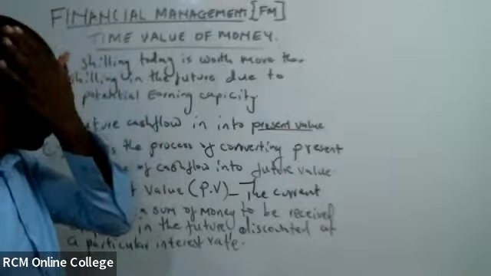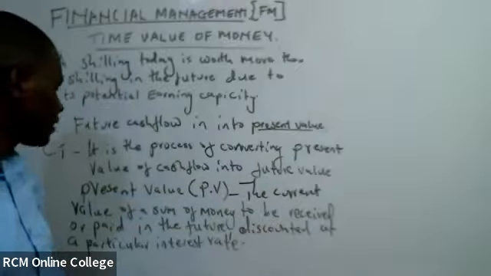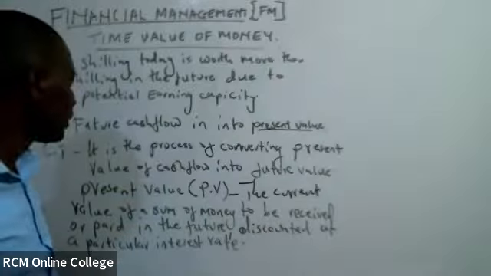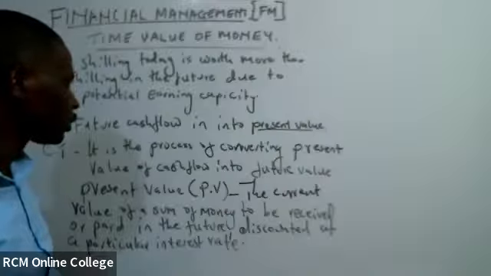So when you talk about present value, it is the current value of a sum of money to be received or paid in the future, discounted at a particular interest rate.